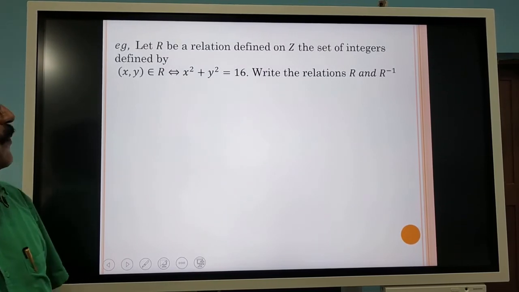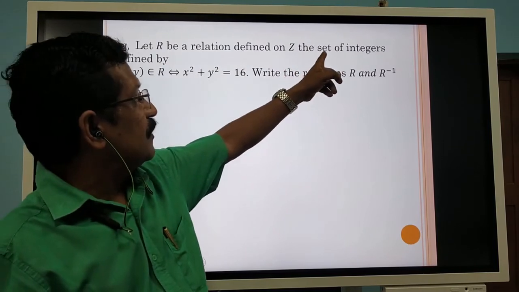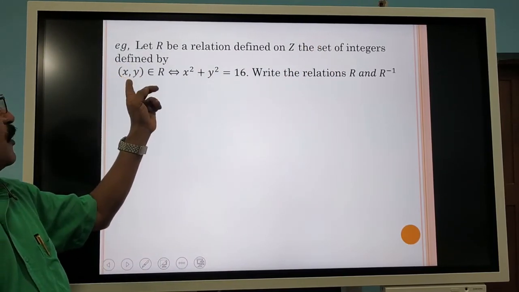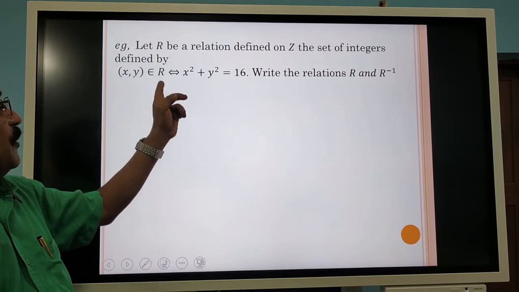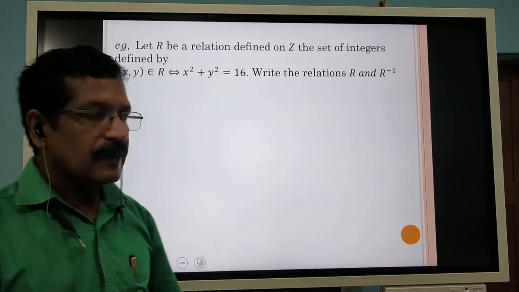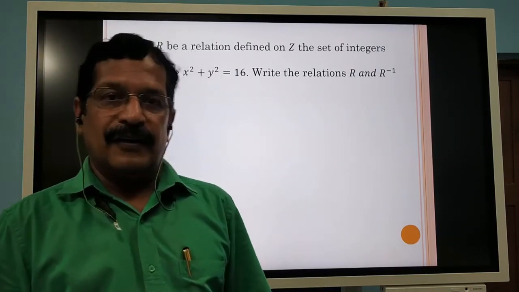Now, let R be a relation defined on the set of integers by (x, y) belongs to R if and only if x square plus y square equals 16. Find the relations R and R inverse.